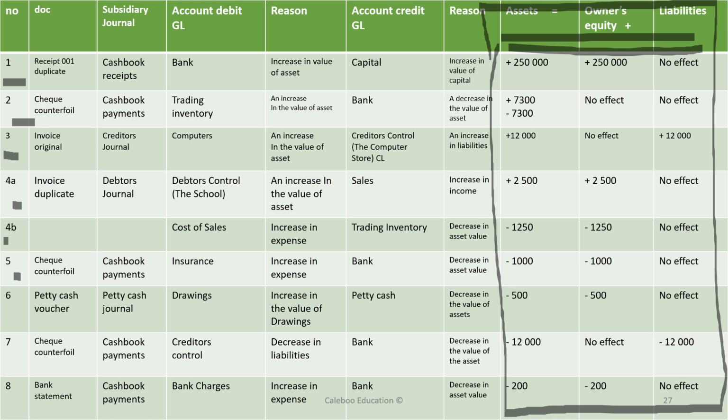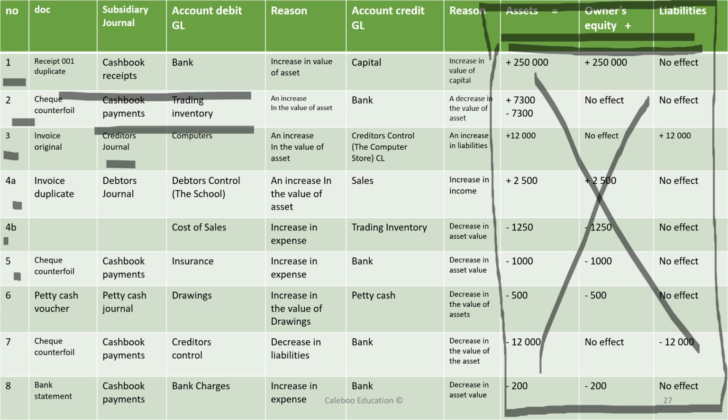So I've taken a screenshot of this section that I'm putting a cross over, and we're going to, shall we say, start with a little bit of analysis and interpretation and see what has happened after these 8 transactions have taken place. And if you want, you can work through all the accounts that were debited and credited, but we did that one at a time. So let's have a look at the final numbers.